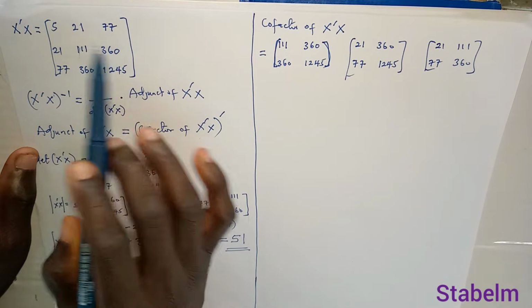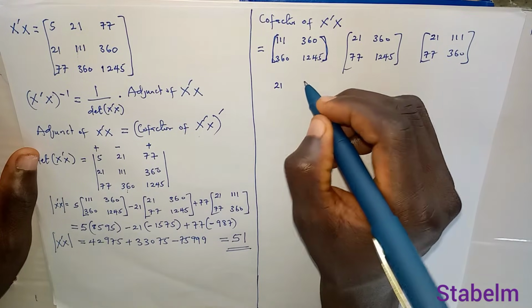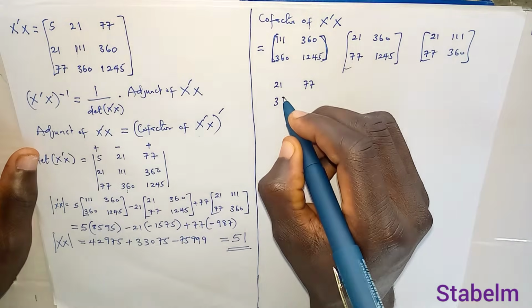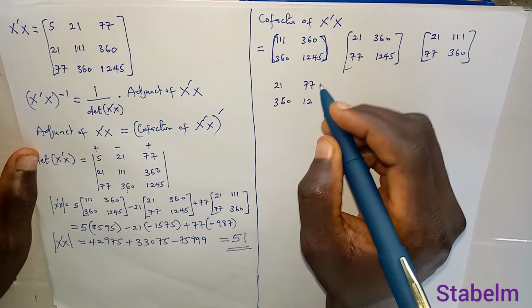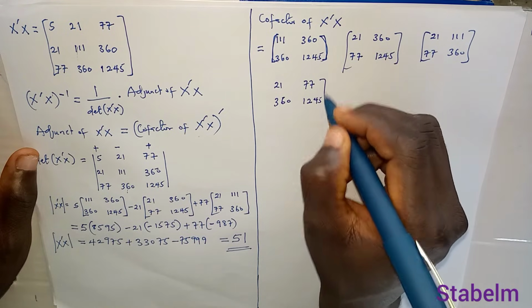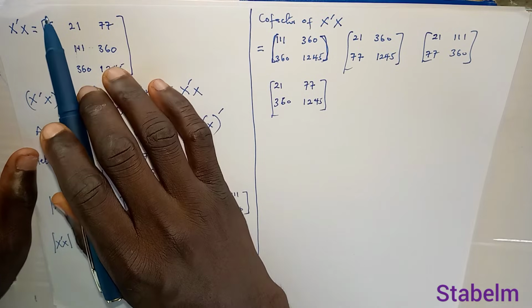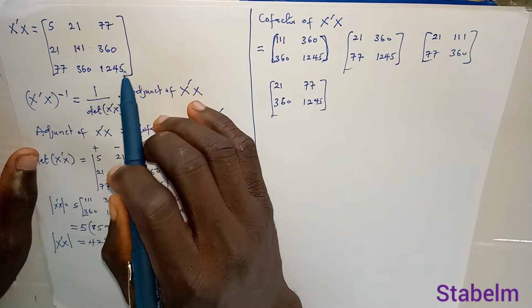We are left with 21, 77, 360, 1245. That is for this 21.